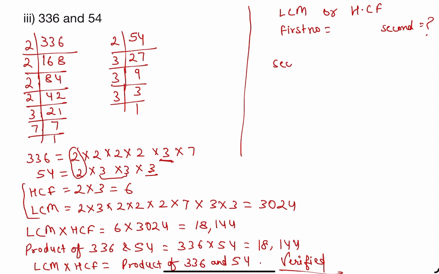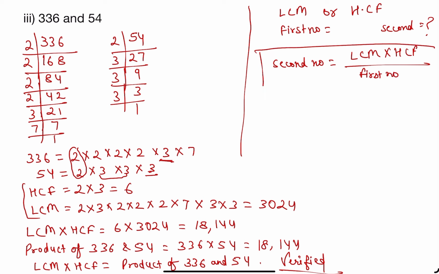Second number is equal to LCM into HCF divided by the first number. So this was your bonus tip. Okay, so it will be easy to find any number. Okay, so that's all for today.